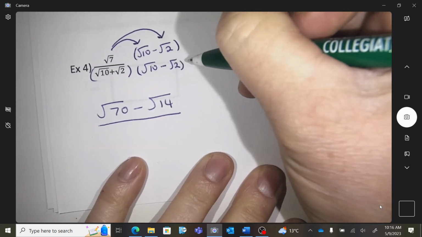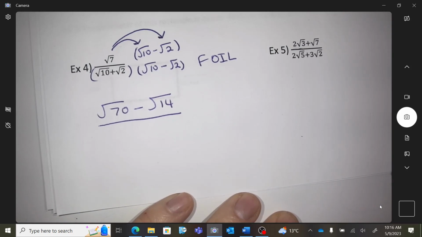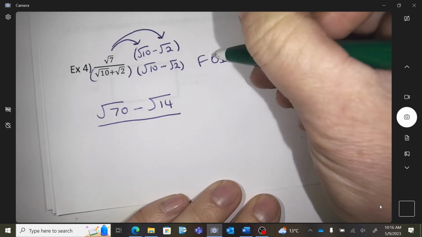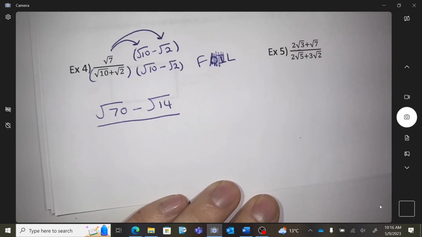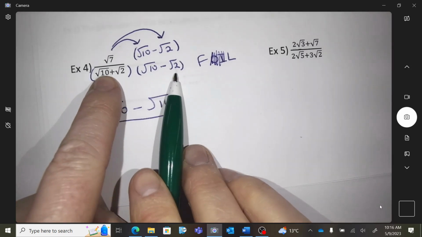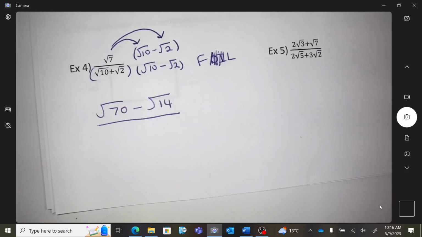Binomial times binomial means I should FOIL, except I can cheat. What happens to conjugate FOILs? Every time that happens. Because look at the outside. What do you have on the outside? Negative root 20. What do you have on the inside? Positive root 20. What's going to happen? Gone. Okay? So you can FLA instead of FOIL conjugates. You get to cheat a little bit.